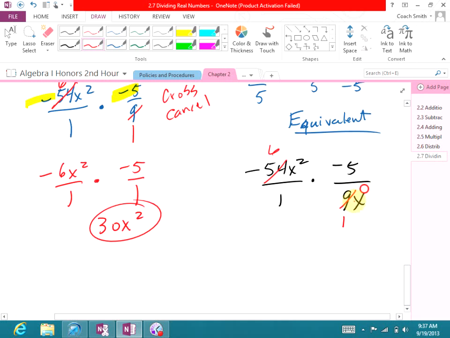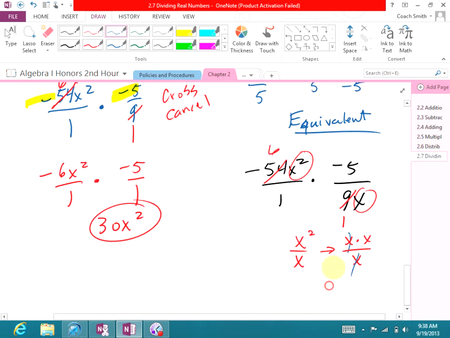Well, let me show you this right here. If I had x squared over x, that's the same thing as x times x over x. Well, I can cancel those two out. Leave me 1x on top, right?